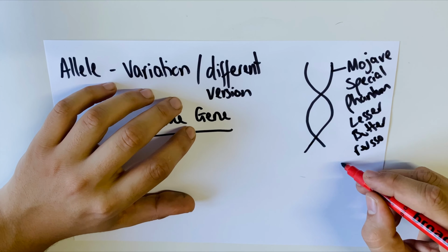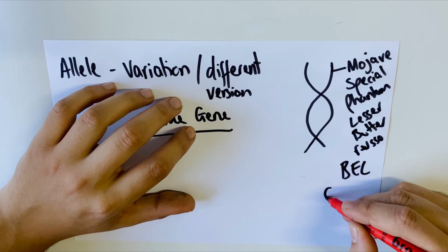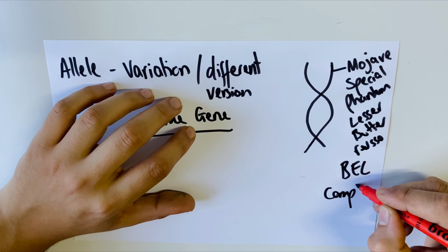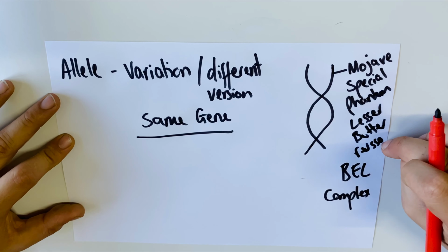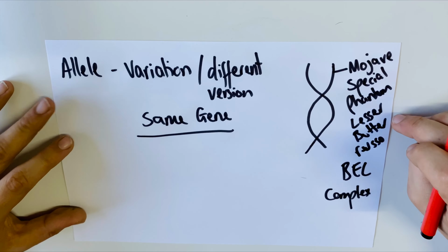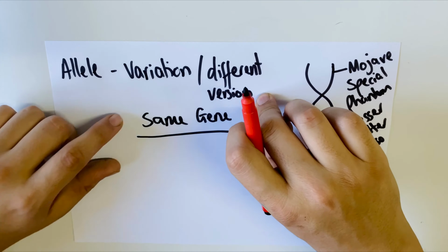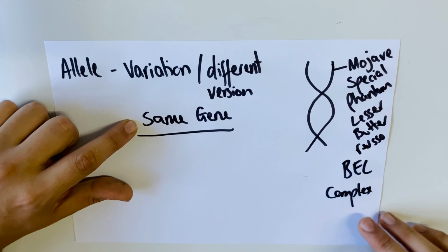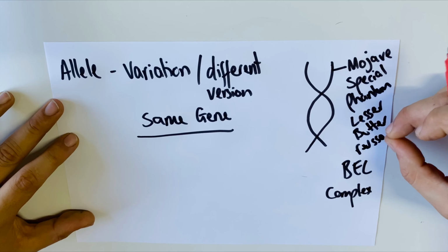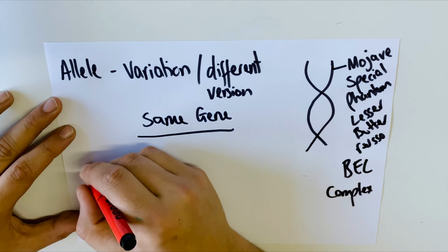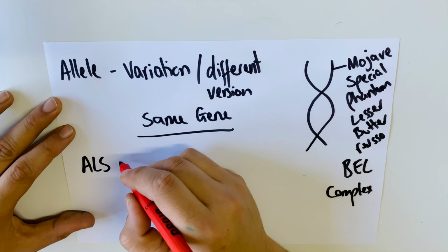This is what we call the Bell complex. Basically, all of these different genes are variations, or different versions, of the same gene, which means when you combine two or more of these, you produce an ALS, acts like super, or allelic animal.